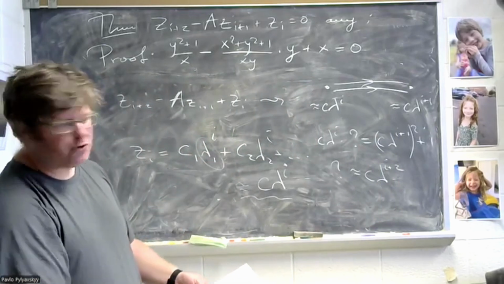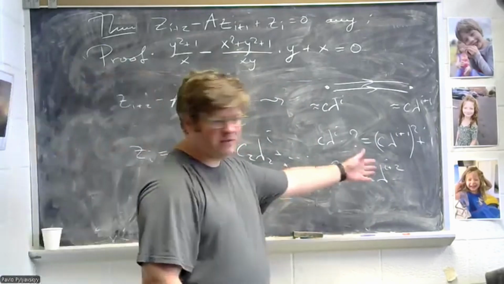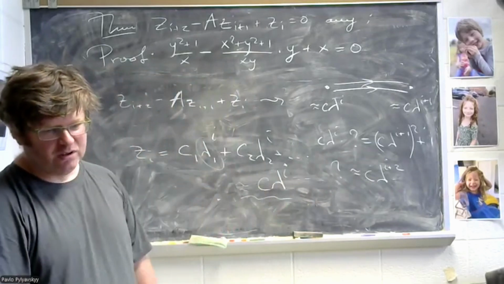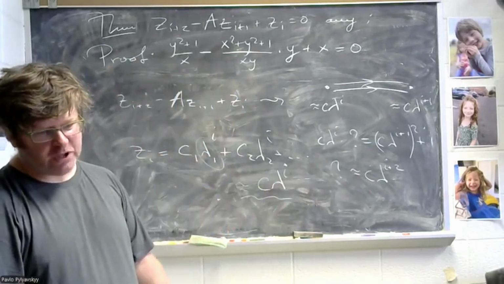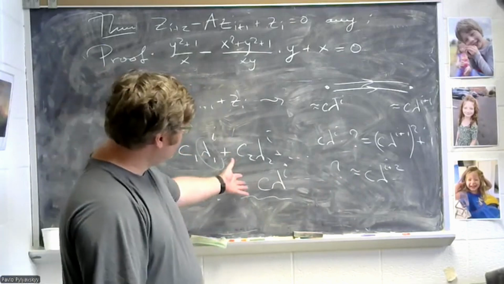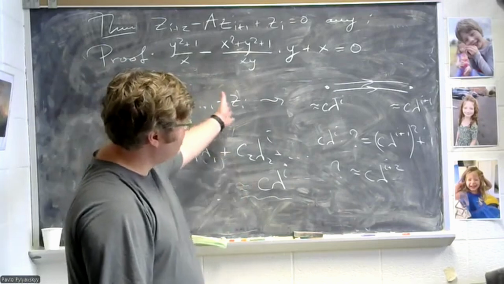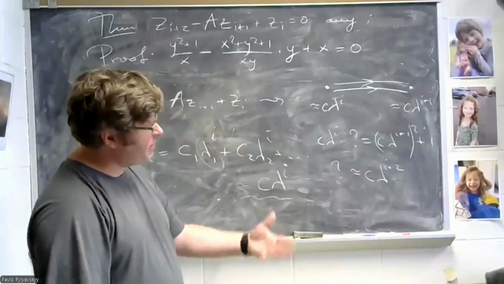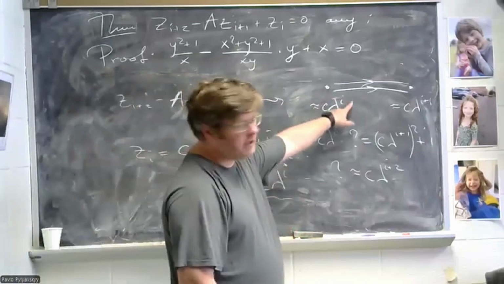It's the next step. So by this formula, it should be c times lambda to the i plus 2. Okay, so it's what I would call a sanity check, that our solutions to a linear recurrence grow approximately correctly to satisfy the recurrence of this quiver.